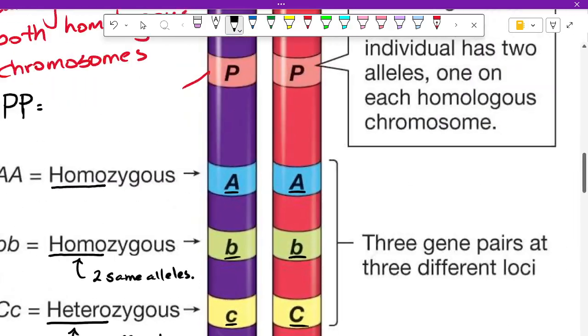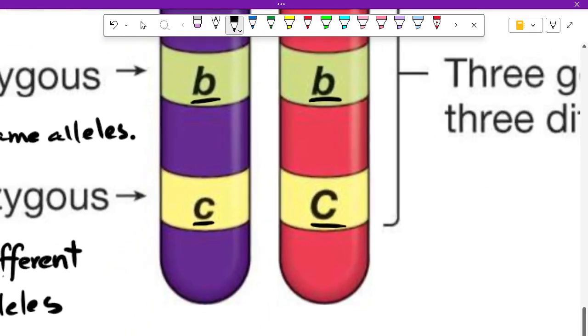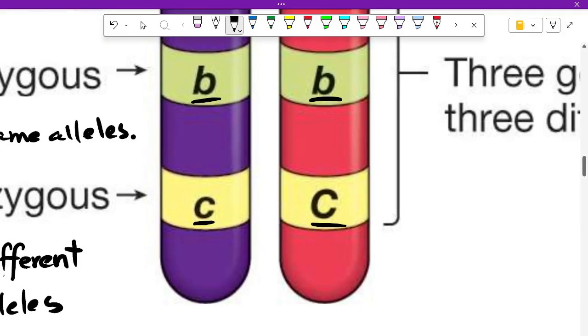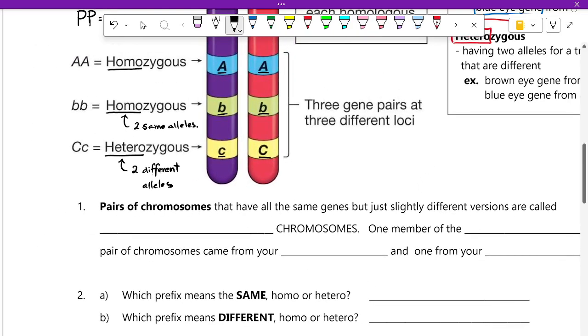So you'll notice that these two homologous chromosomes are similar, but are they completely the same? No. You might have the little c instead of the big C on one, okay? So pairs of chromosomes that have all the same genes, but just slightly different versions are called, what did we call those?